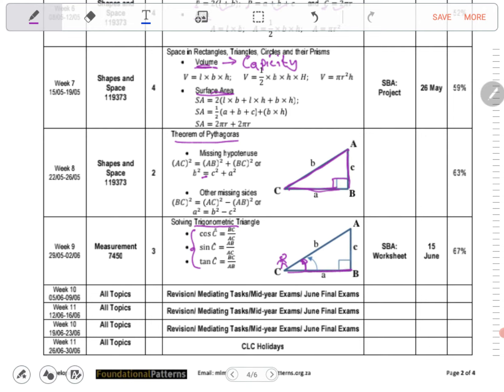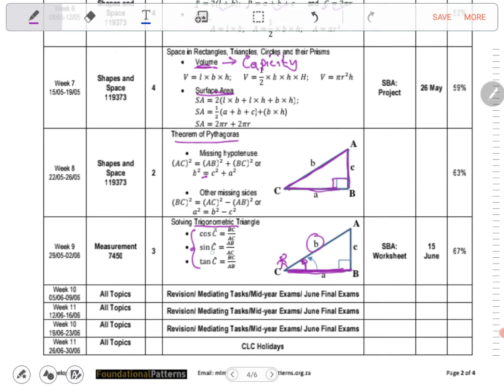Adjacent simply means next to, and the hypotenuse will be this side here, so that is why it is BC over AC.